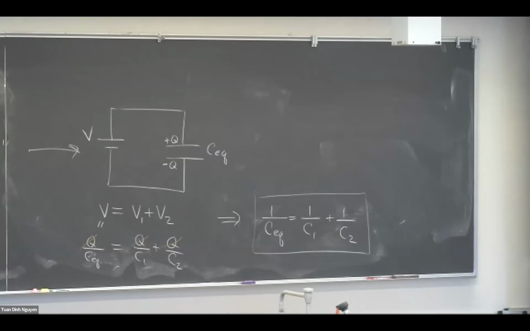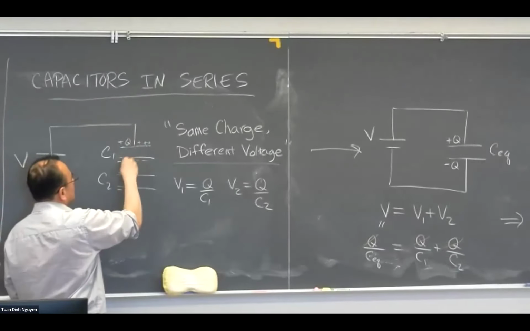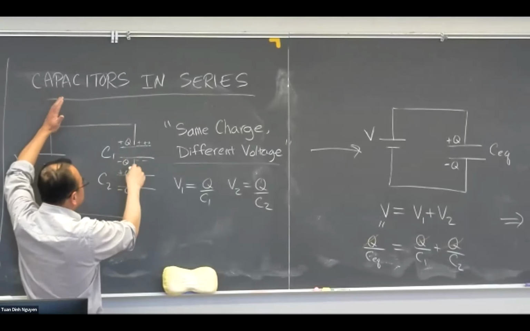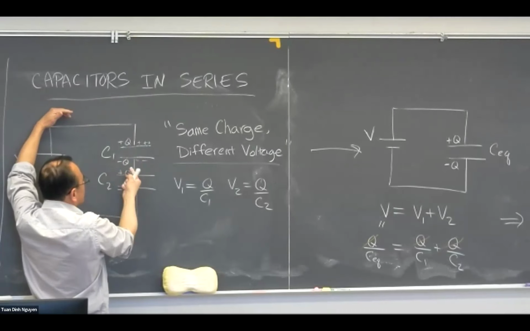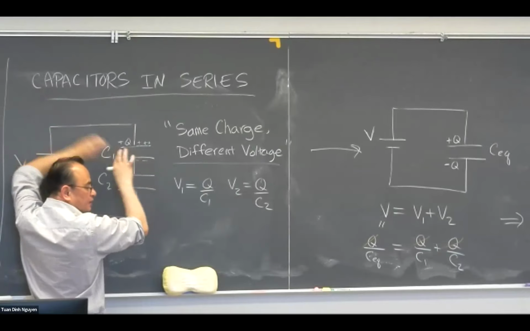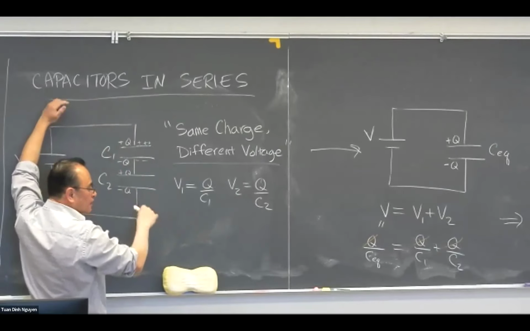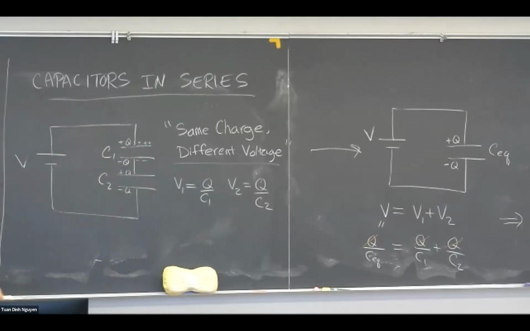It was 0. Initially, when the switch was open, it was 0. And then now you close it up, minus Q went to the top, so plus Q has to go to the bottom. It becomes like a dipole.